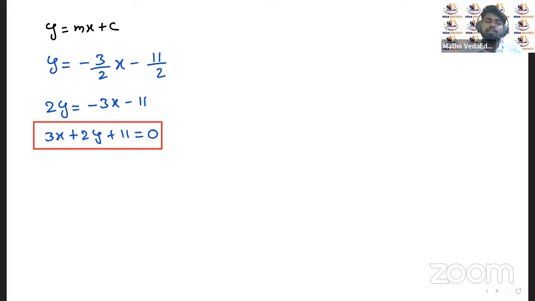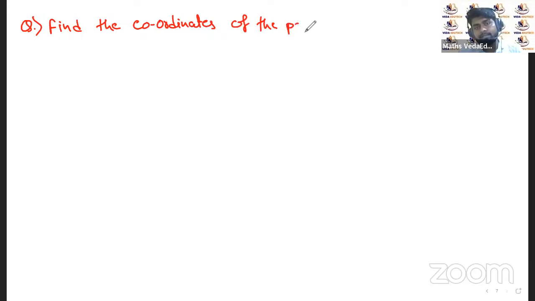Now we can do some more questions. Try one more question, that is, find the coordinates of the point on the line x plus y plus 3 equal to 0.